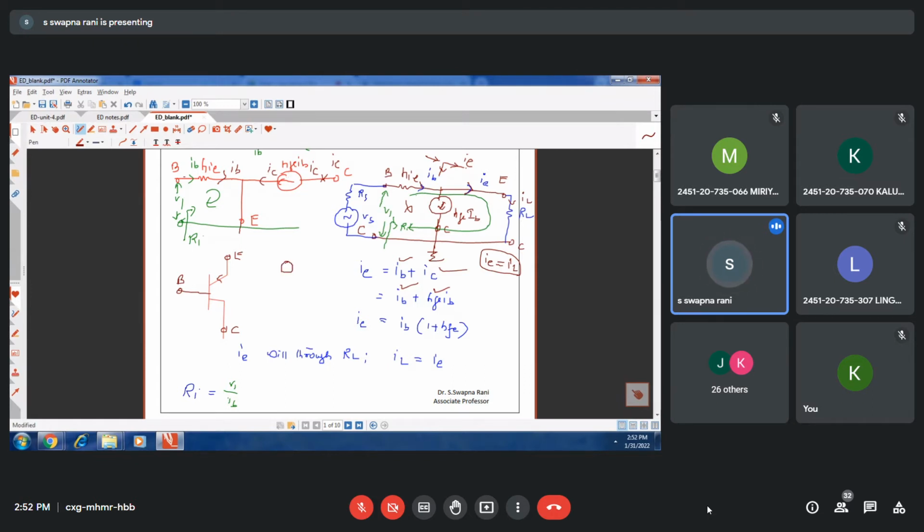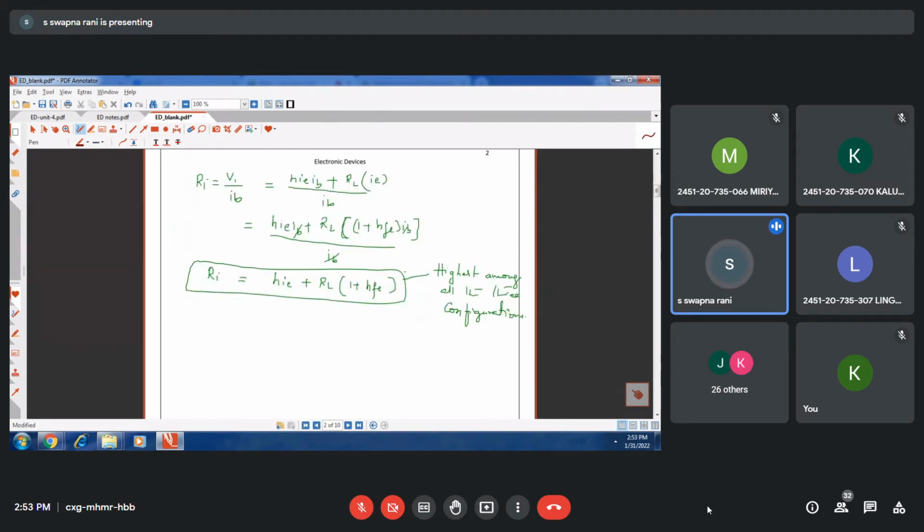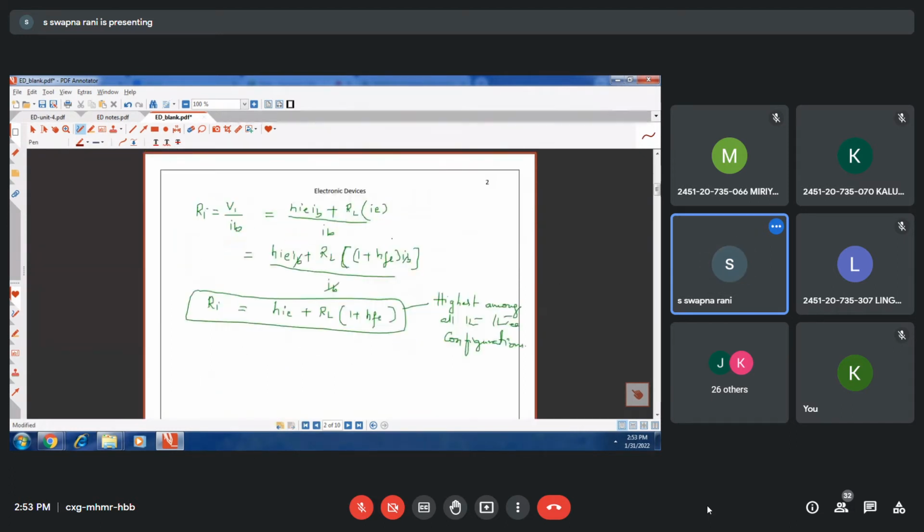In the collector branch we have put a current source, which indicates that this is the collector current. So base current IB plus HFE into IB. Taking IB common, 1 plus HFE into IB is the emitter current. That is what I have written here.